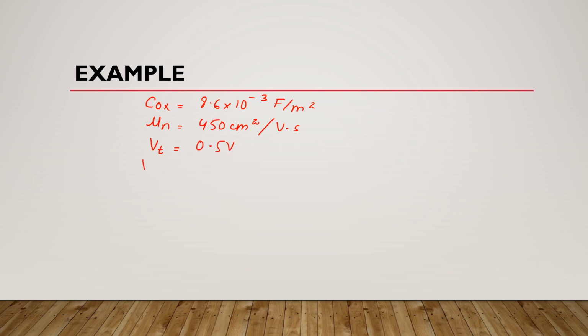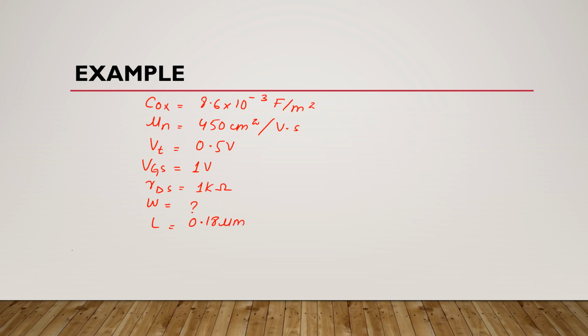If gate to source voltage is 1 volt and resistance is 1 kilo ohms, and if you want to find the required value of channel width here when minimum length of channel is 0.18 micrometer, so how you are going to find this value here?